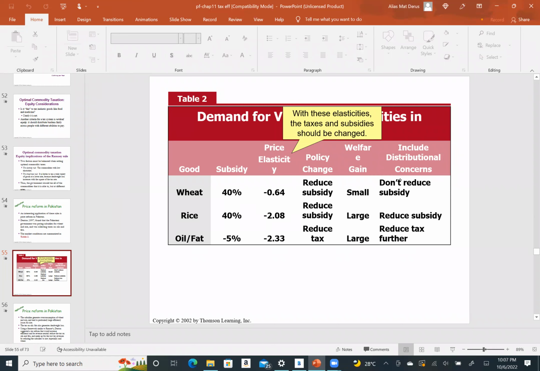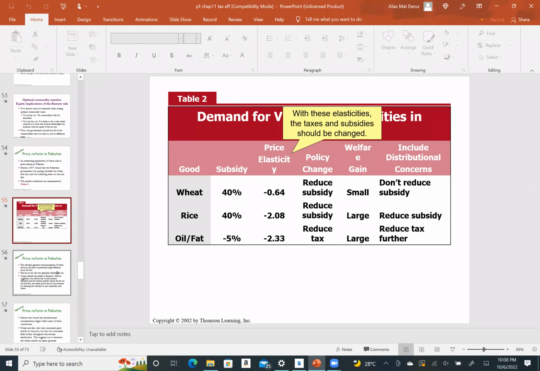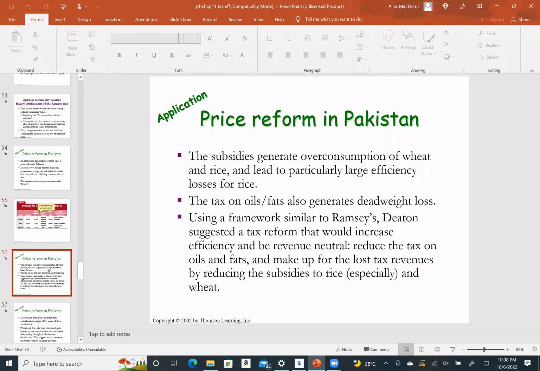It is an equity perspective that we should do. So we have to balance up the efficiency criteria with the equity criteria. Okay, so that is what one study has done on Pakistan.